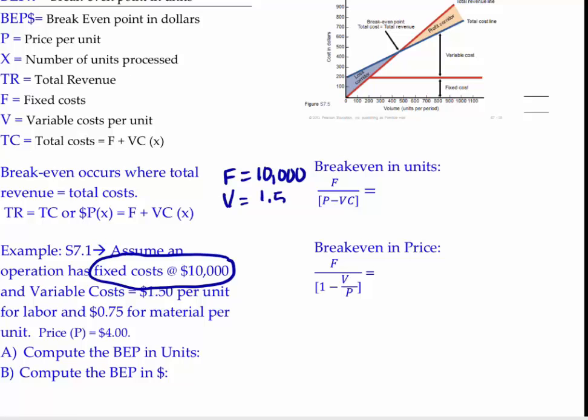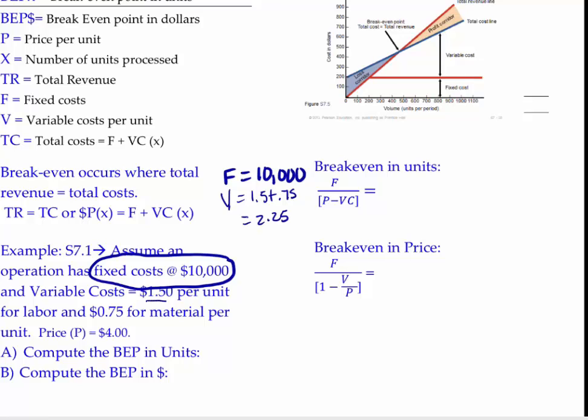But I think there are two types of variable costs in this problem. There are variable costs per unit and then variable costs for labor. So really our variable costs aren't just $1.50, they're actually $1.50 plus 75 cents. Let's note that right here: V is going to equal 1.5 plus 0.75, which is 2.25.